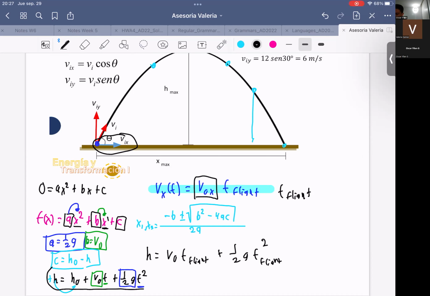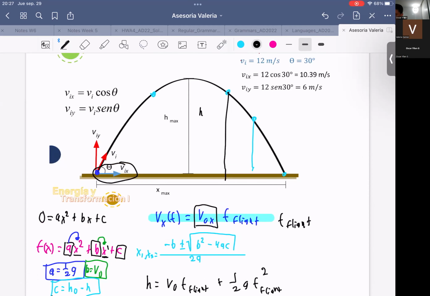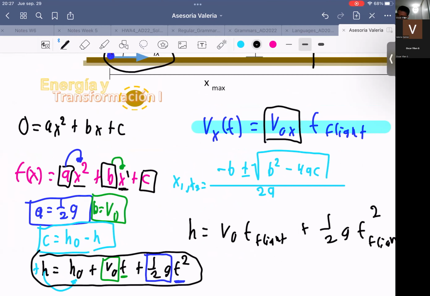If you want to know the x position at any height, let's say this height is 12 meters, you just input these 12 meters in here. The H0 you take maybe as 0.